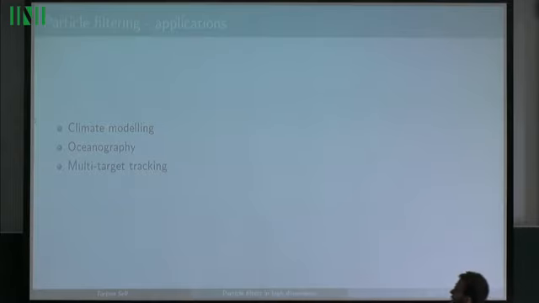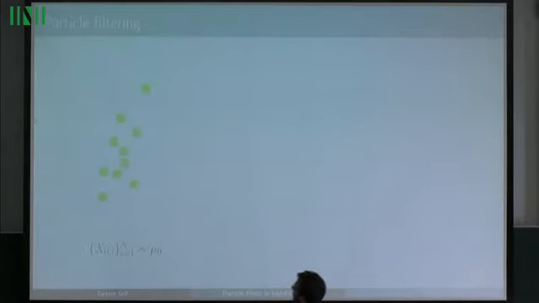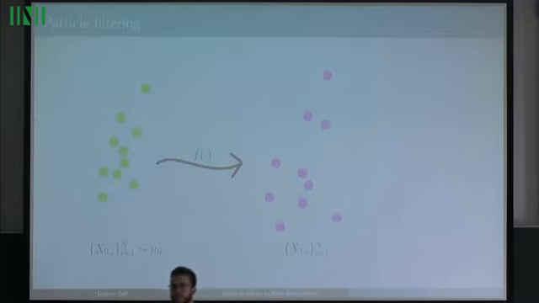How does this particle filtering work? So I have a cloud of particles, which is a sample from the prior, and I take this cloud and pass it on through this dynamics f that I know to get some locations. Now I get a measurement, and I want to compare these points that I have to this measurement.